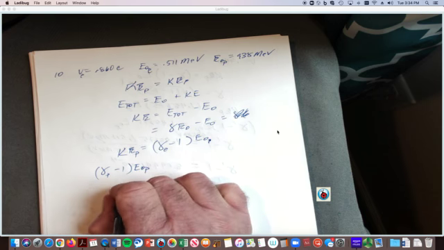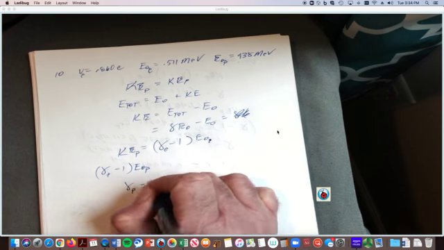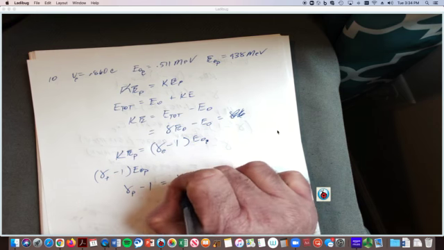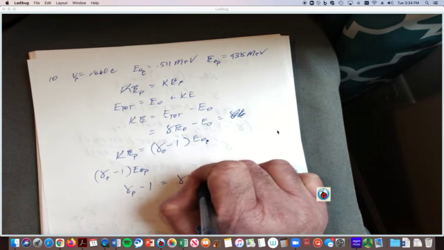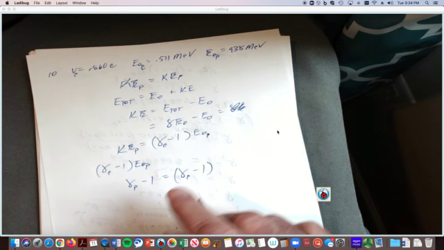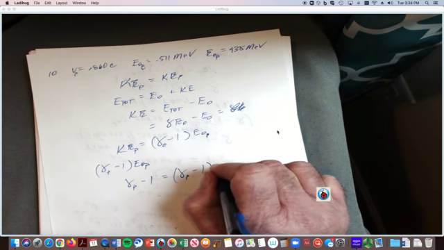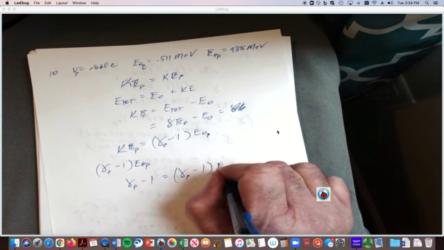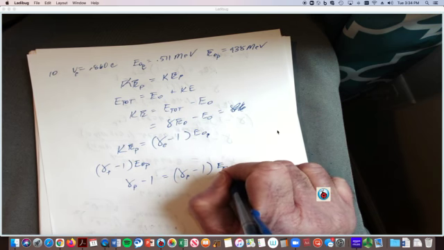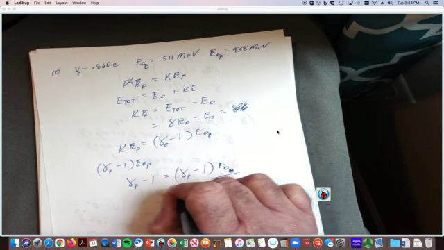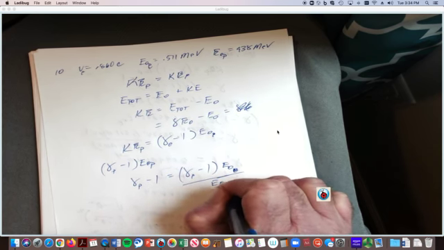So gamma p minus 1 is equal to gamma e, which you can figure out, minus 1, times E naught of the electron divided by E naught of the proton.